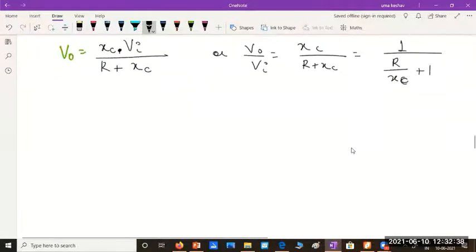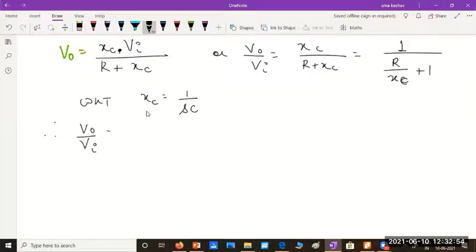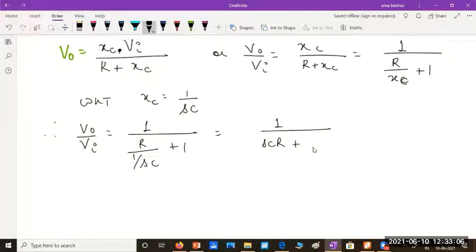And what is X_C? It's a very simple derivation if we apply it. X_C can be written in terms of the s parameter as 1 by sC. Therefore, the output by input in this circuit will be 1 divided by (R by (1 by sC) plus 1), or this will be 1 by (sCR plus 1).